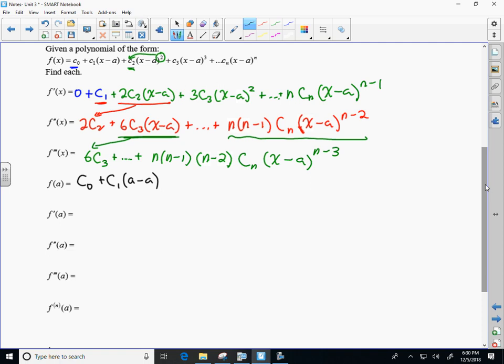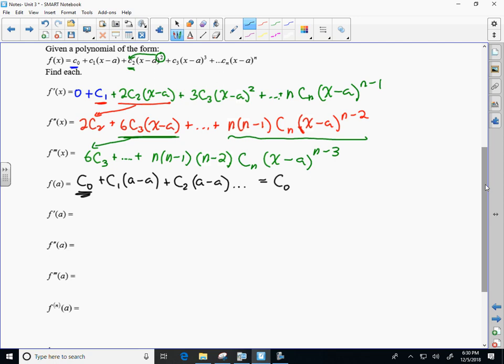Plus c sub 2 times a minus a, and so on. And you notice that this zeroes out, or at least for every part that involves an x, you would have a resulting expression of just whatever that initial constant value was, whatever your c sub 0 is. So, c sub 0, because everything else is going to zero out because of the x minus a.